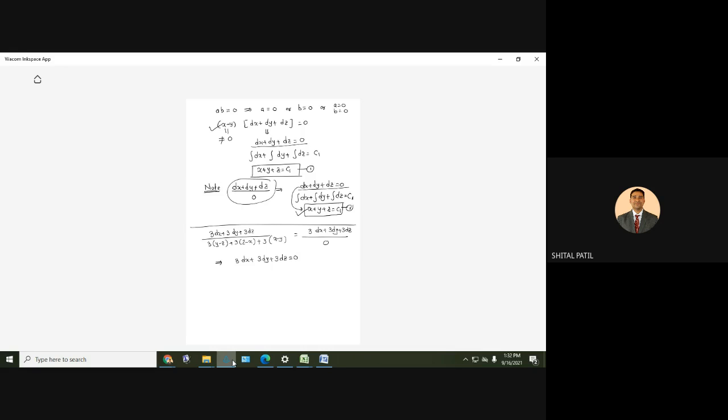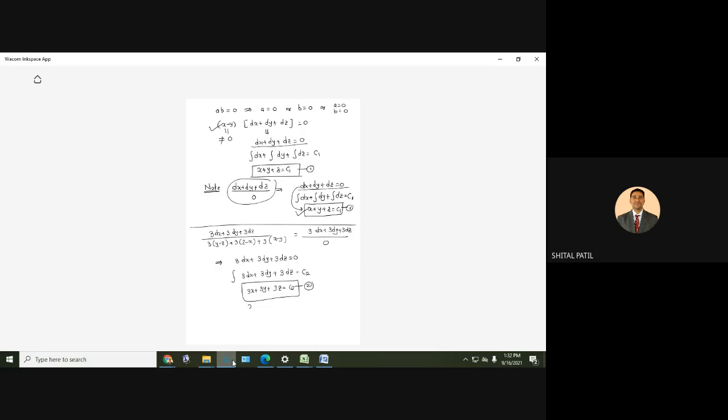Isn't it? Now if I integrate, tell me what is the integration? So are 1 and 2 the same or different? Same. Taking 3 common and merging it with the constant, it will remain a constant.